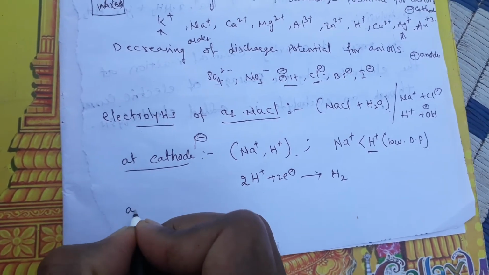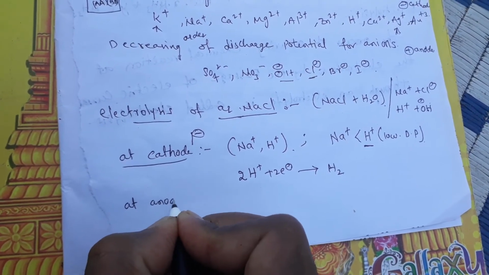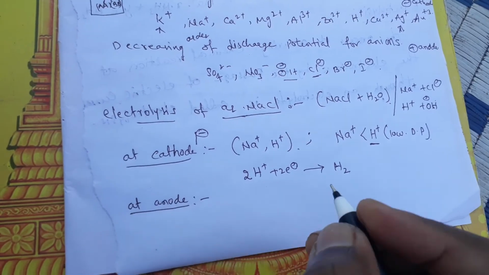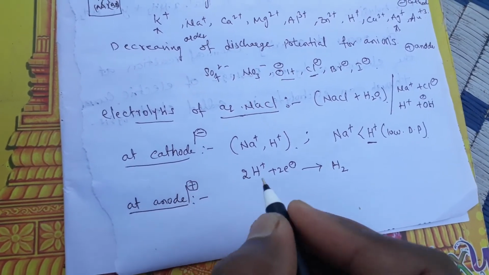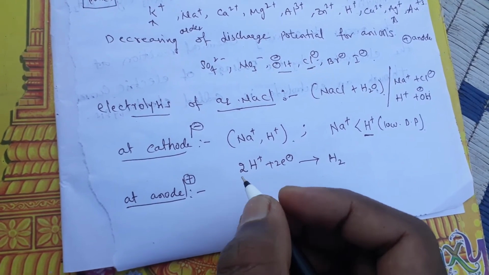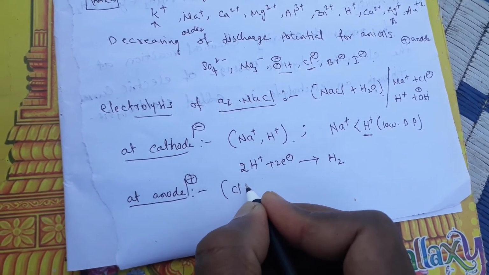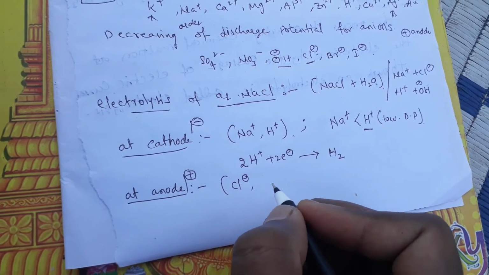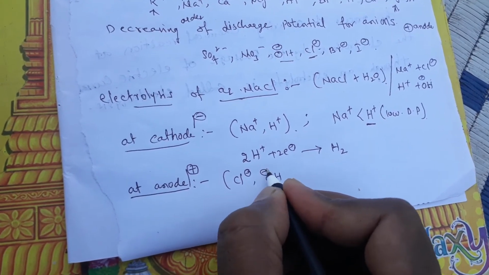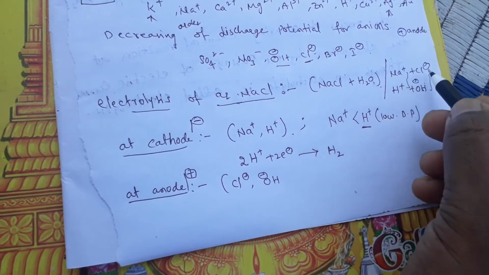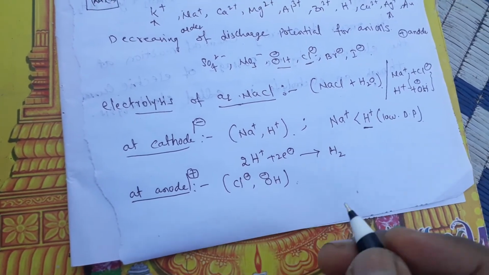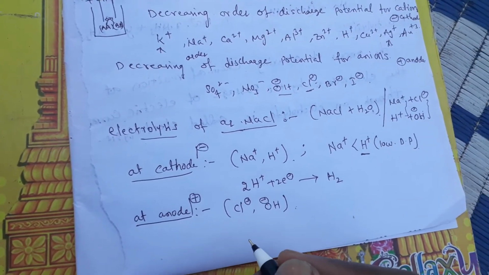Next, at the anode, that means the electrode has a positive charge, so negative ions will come to this side. There is a competition between Cl minus and OH minus ions. These are the anions, and those are the cations. So Cl minus, OH minus. Tell me which one has the lowest discharge potential?